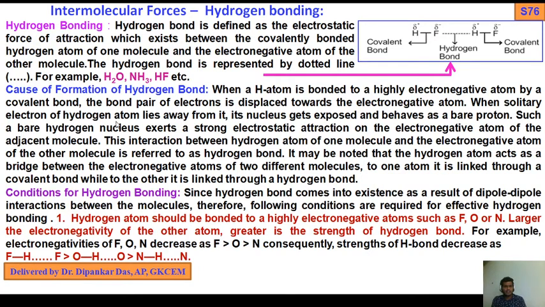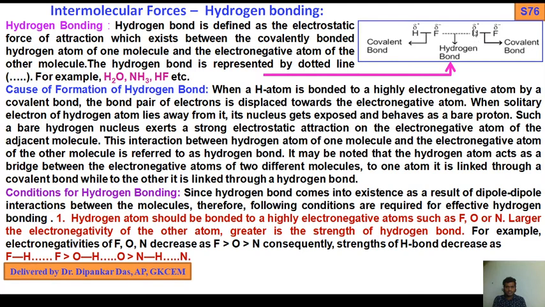When the solitary electron of the hydrogen atom lies away from it, its nucleus gets exposed and behaves as a bare proton. Such a bare hydrogen nucleus exerts a strong electrostatic attraction on the electronegative atom of the adjacent molecule. These interactions between the hydrogen atom of one molecule and the electronegative atom of another mean that the hydrogen atom acts as a bridge.